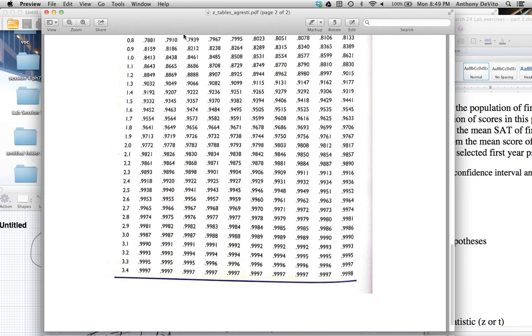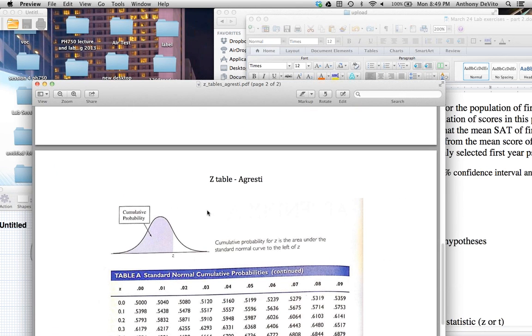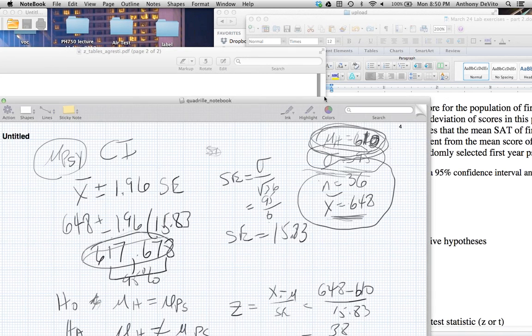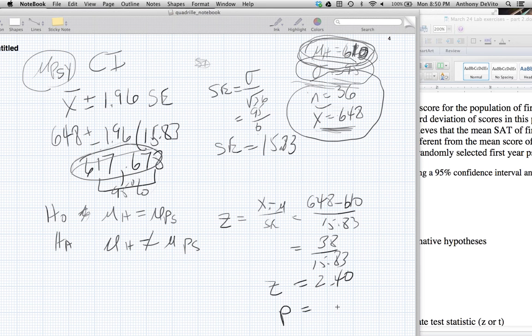That means the only thing left in that tail is 0.8% at the high end. I double that because I also have the low end, so it's 1.6%. So my p-value for the two-sided test is 1.6%. So I have a 1.6% chance of being wrong.